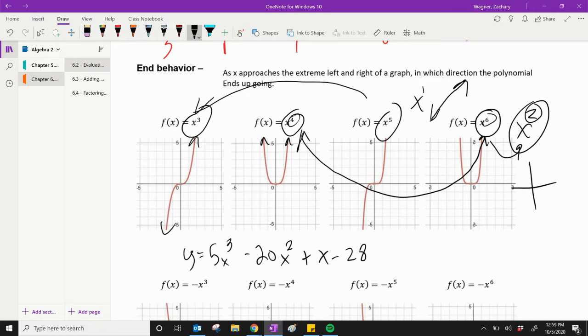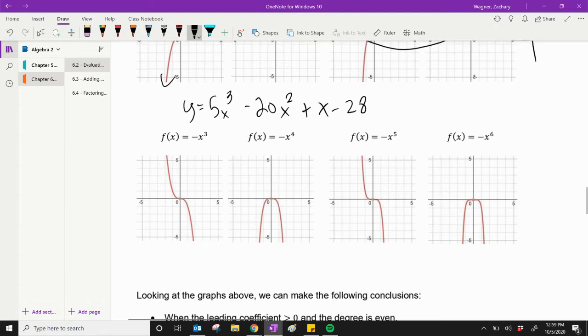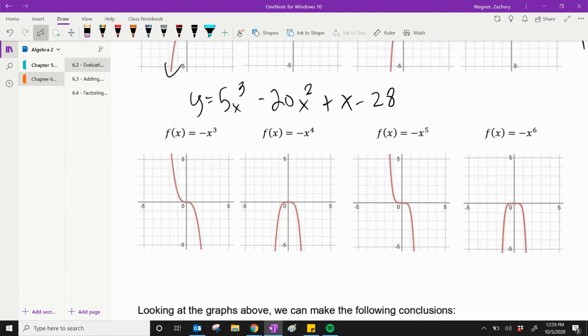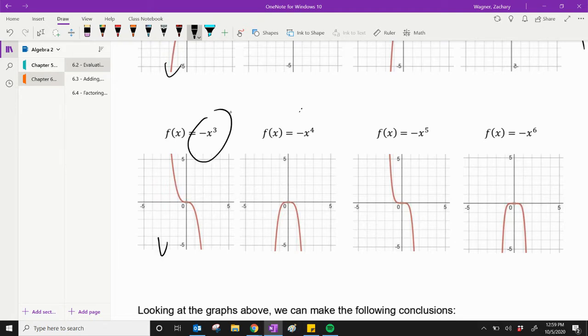Now these can be flipped. The way you could change these is if you take your a value and multiply it by a negative number. If you make your a value from positive to negative, everything is basically flipped upside down. If you had a cubic function going like this, and you multiply that cubic function by -1, well, instead of going down and up, it now starts up and moves down.